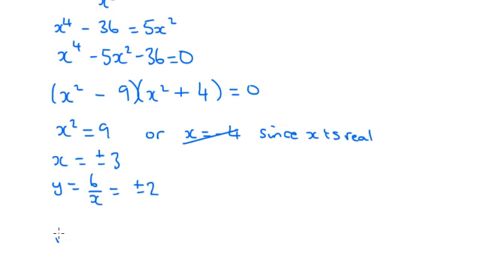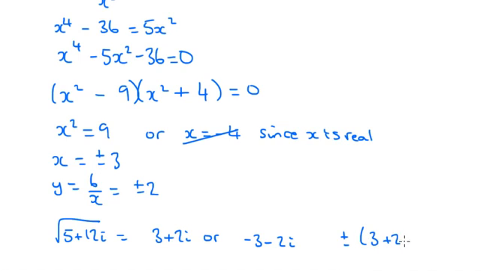And therefore the square root of 5 plus 12i is equal to 3 plus 2i, or minus 3 minus 2i, which you can write as plus or minus 3 plus 2i.